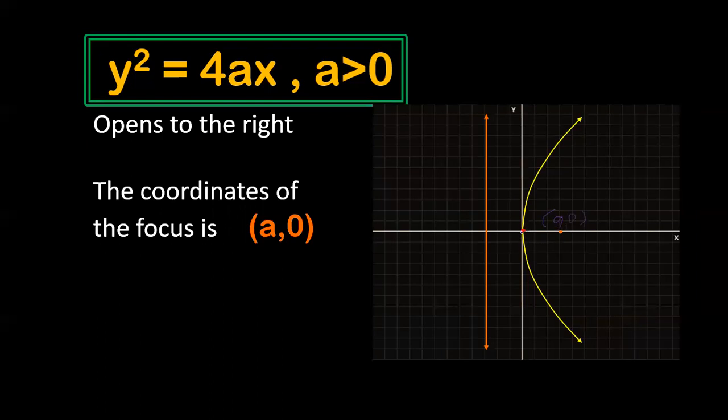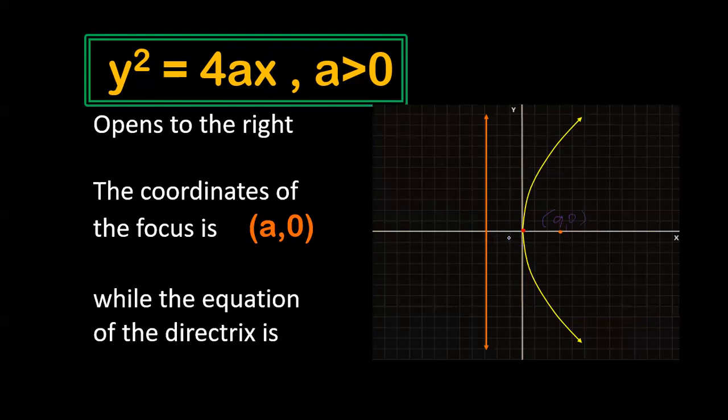This point is a units from the origin. And your directrix, since it's a units from the origin and is found on the left side of the y-axis, the equation is x is equal to negative a.